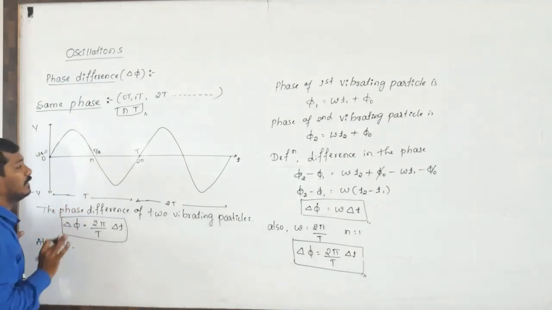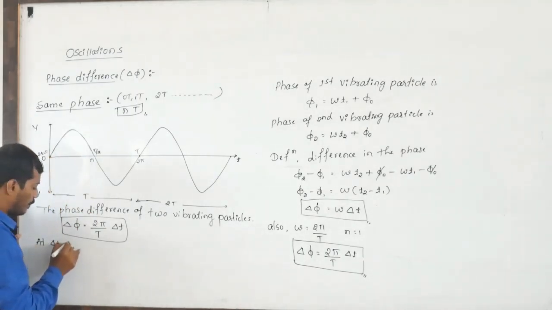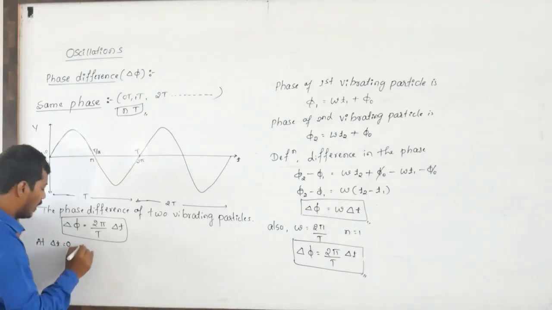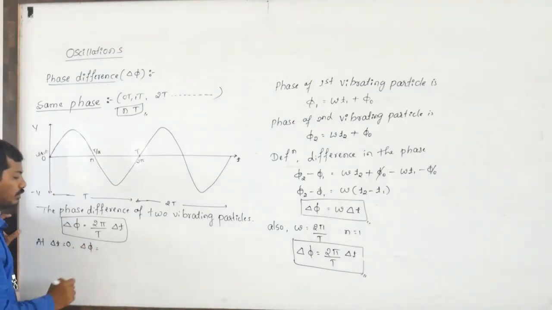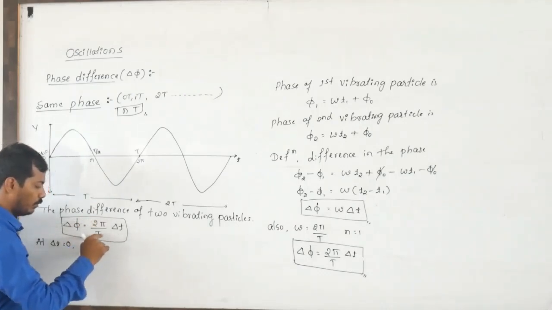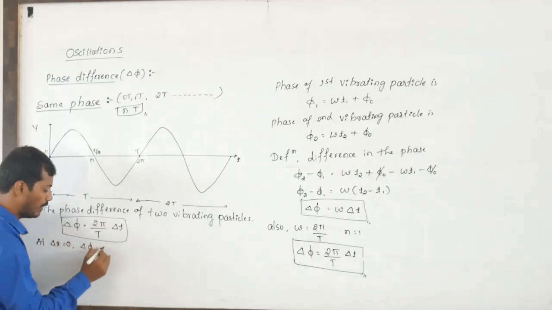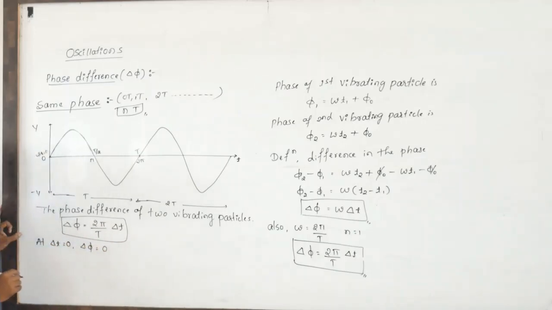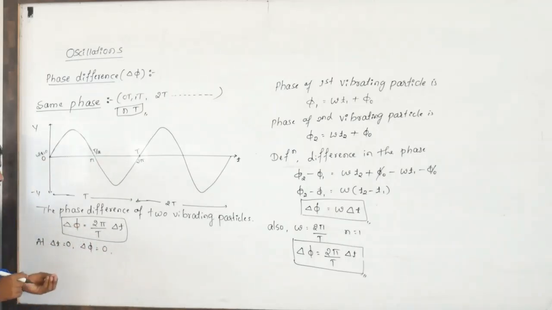If delta t is 0, then the phase difference delta phi equals 2 pi by T into 0, which is 0. The phase difference is 0, and it starts from its mean position.